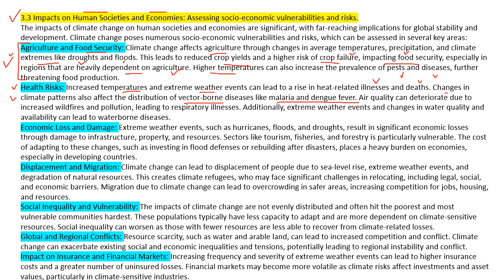So the mosquitoes will be distributed if temperature rises. The areas where temperature has risen will make a favorable environment for the mosquitoes. So the area or habitat of the mosquitoes will increase due to climate change.